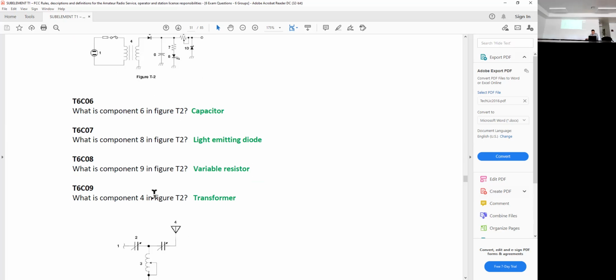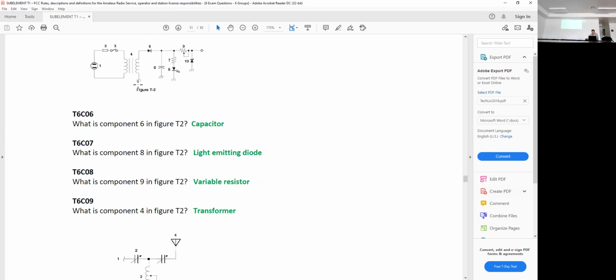What is component 4? That's a transformer. So we remember when we talked about inductors, you've got an inductor on one side and an inductor on the other side. And one side will be your high voltage side. In this example, the high voltage side is on the left and the low voltage side is on the right.